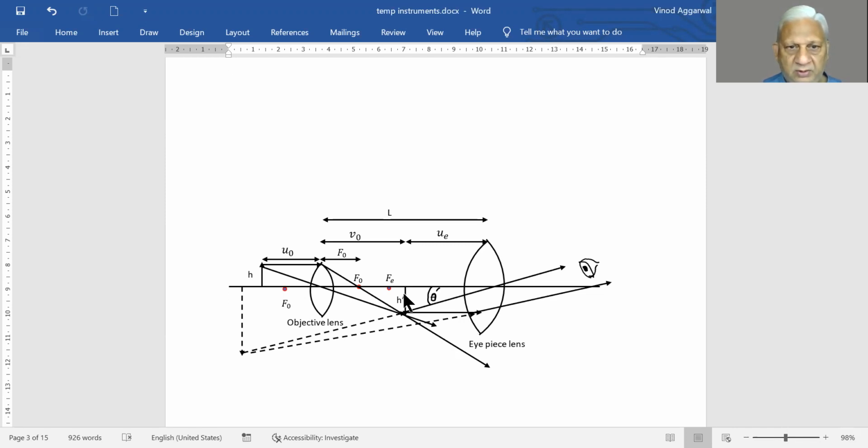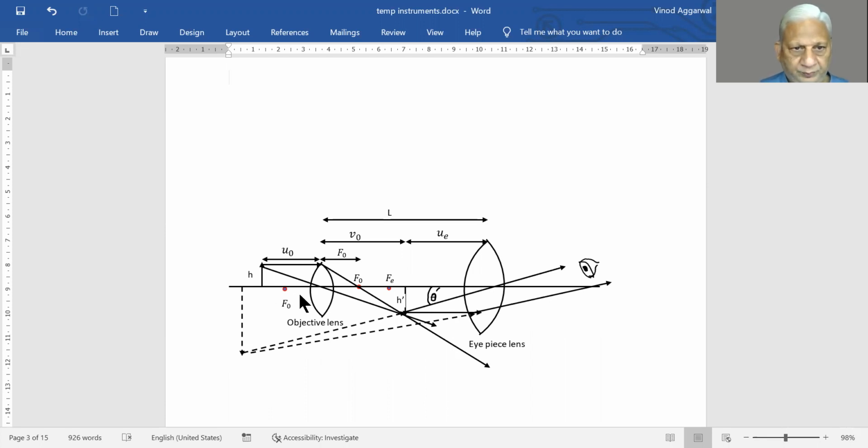Depending upon exactly where this image is formed, we again get two cases. One case is when this image is formed at infinity, or the second case is when this image is formed at the near point with respect to our eye. These are the two cases.